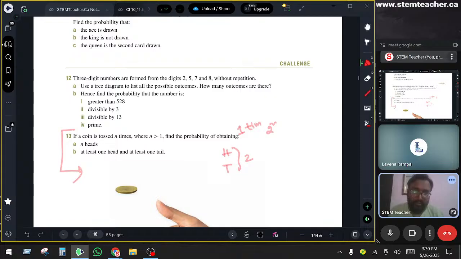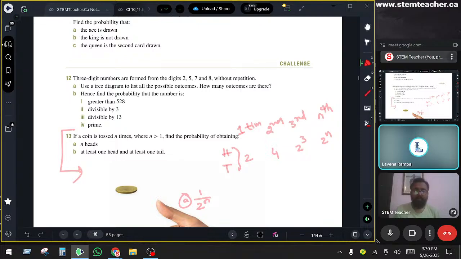The second time you will get two more outputs, so it's 4. The third time it's 8, 2 power 3. The nth time the total possible sample space elements are 2 power n, and only one outcome is all heads. It is 1 over 2 power n.